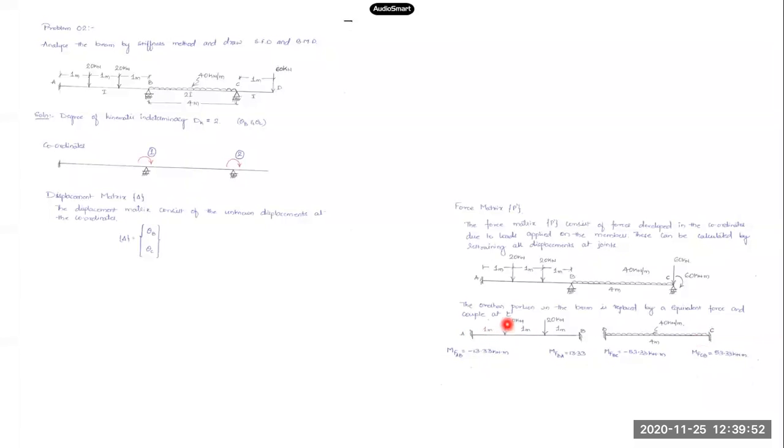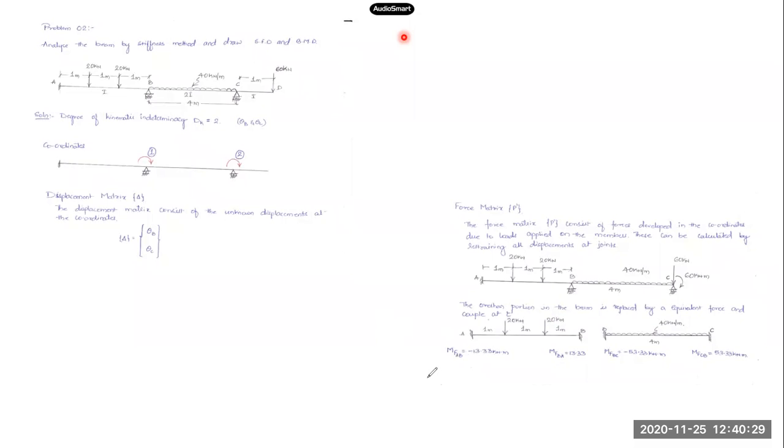For this 20 kilonewton load, it comes out to be minus 8.88, and for the other load, 20 into 2 into 1 square by 3 square comes out to be 4.44. So you can do that calculation, and the total fixed end moment at A, MFAB, will be equal to minus 13.33.